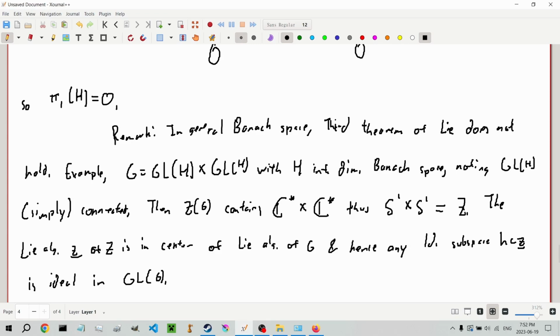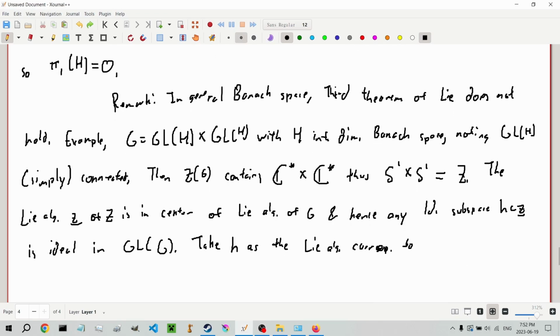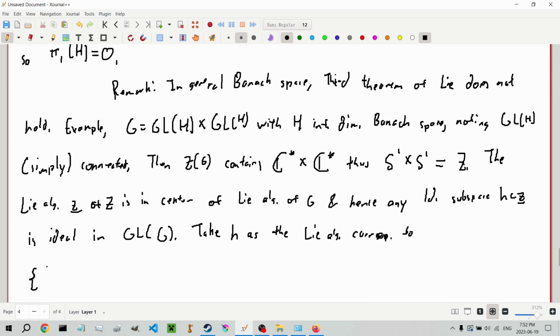So now we can take H to be the Lie algebra corresponding to the pairs mu nu, where nu is an irrational multiple of mu.